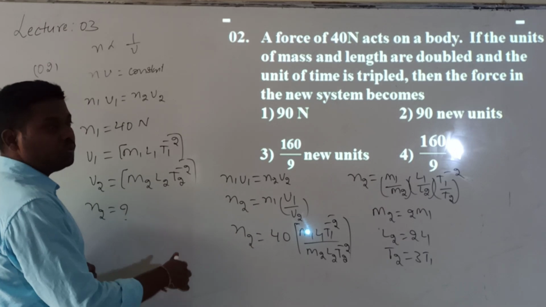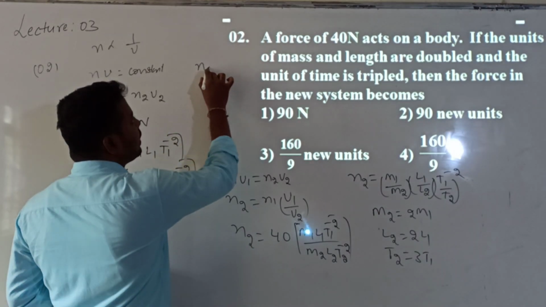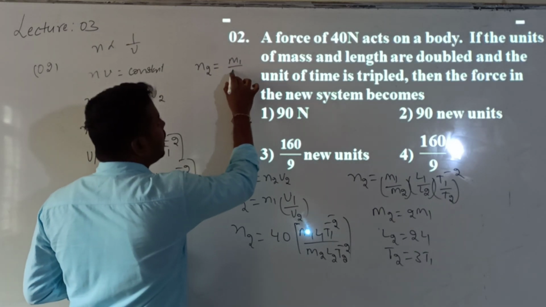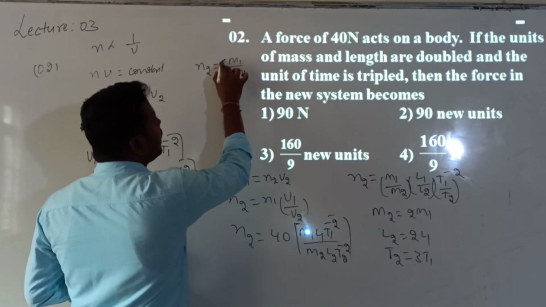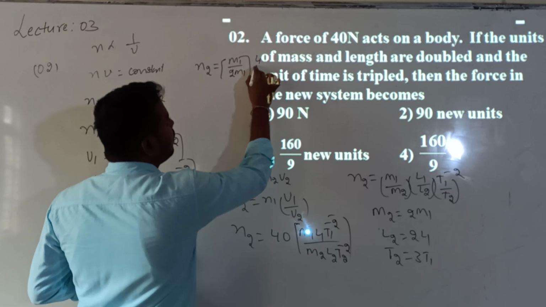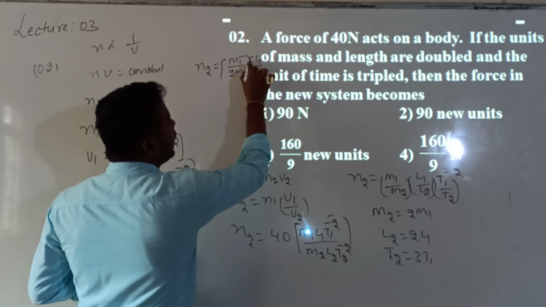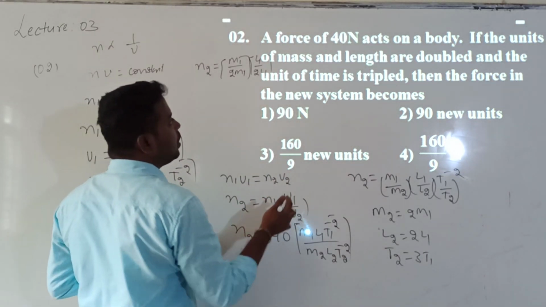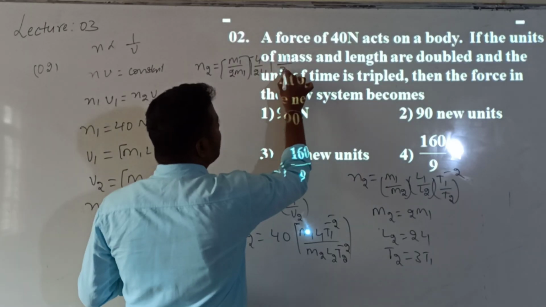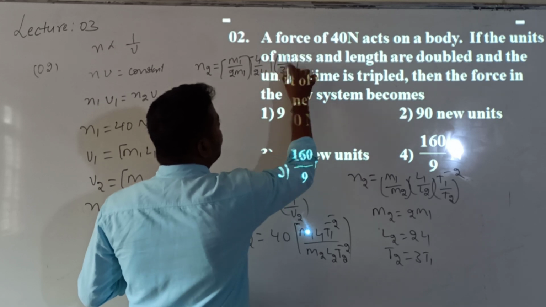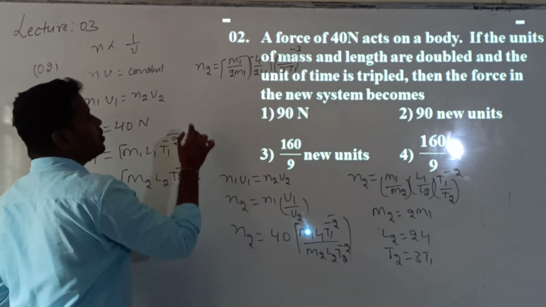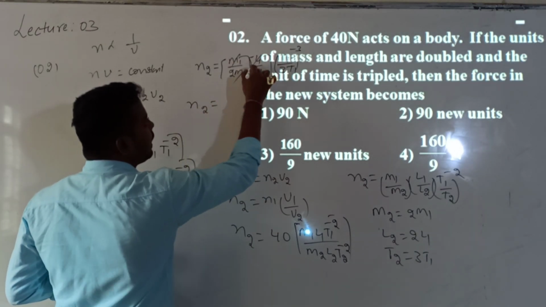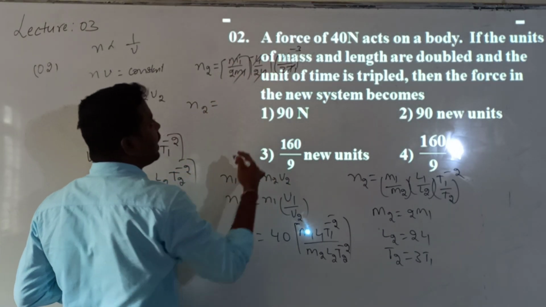Substituting those values, n2 is equal to M1 by 2 M1 into L1 by 2 L1 into T1 by 3 T1 whole power minus 2. M1, L1, T1 cancel.